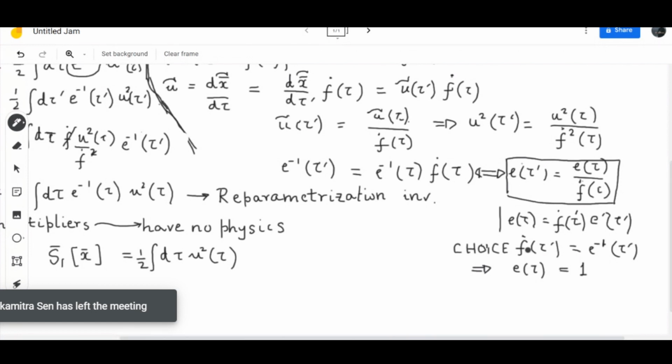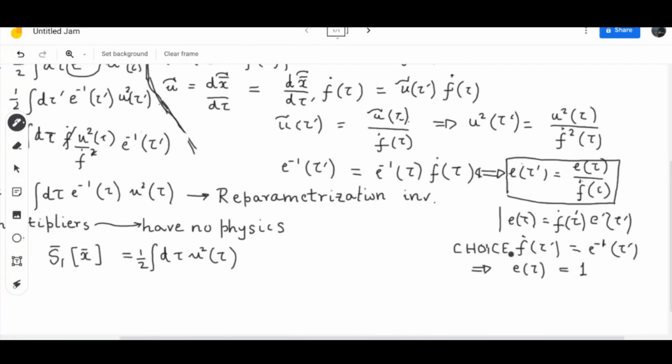And because of this, I can choose a parametrization in such a way that E of tau is 1. Of course, this is a parametrization. Now my parametrization is fixed. My tau is fixed. So if I choose f dot of tau to be E inverse of tau, my parametrization is fixed.